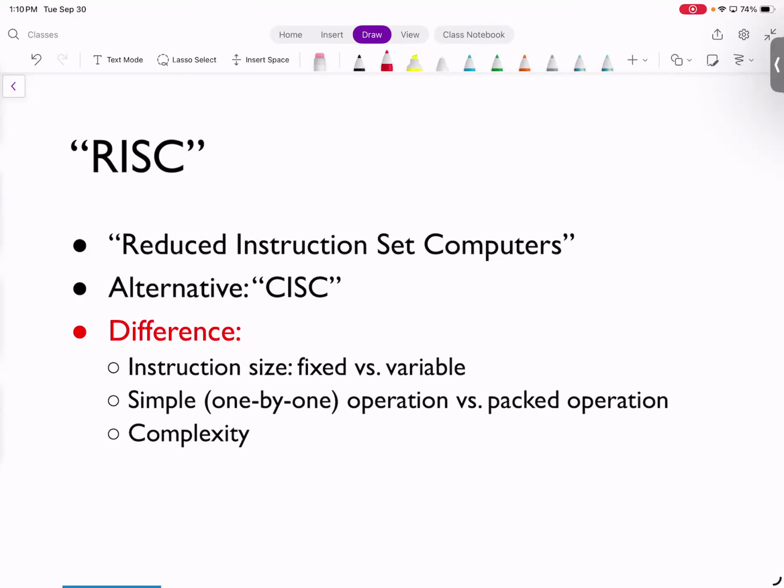You either do adding or multiplying or subtracting or XORing, one at a time. CISC sometimes uses packed operations, which means you might do add and multiply in one instruction. So you write one instruction that does multiple things at the same time. Usually that means the complexity of CISC-based architectures is significantly higher than RISC-based architectures. But there are a whole bunch of opportunities to combine and mix them and make them more interesting.